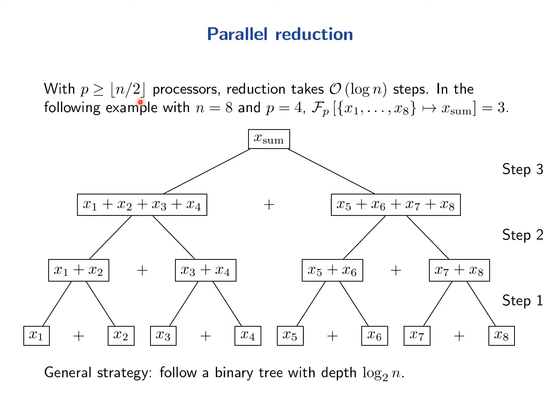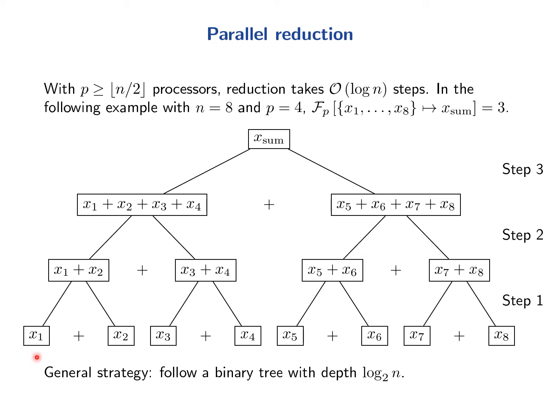With p greater than roughly n over 2, the reduction takes O(log n) steps, where the base of log is 2. In the concrete example with n equal to 8 and 4 processors, the parallel steps needed to compute the sum is only 3, much less than 8.